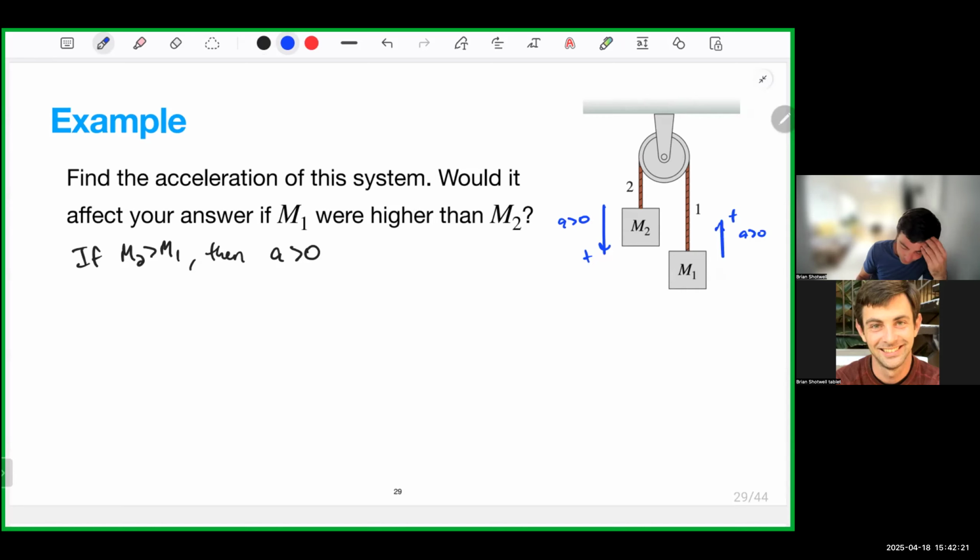Okay, so we want to draw a free body diagram for both masses. M2 has M2G and tension. And M1 has M1G and the same tension.